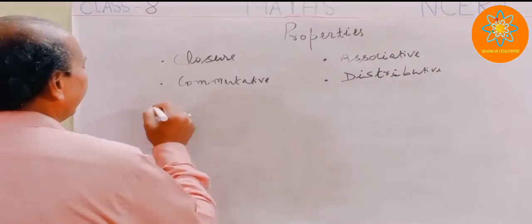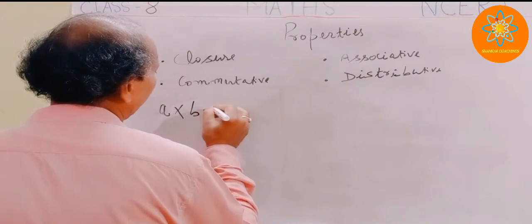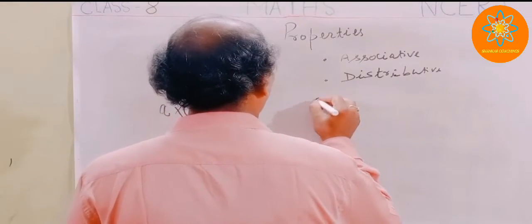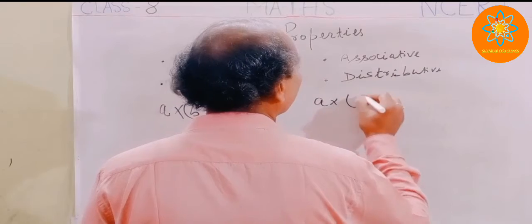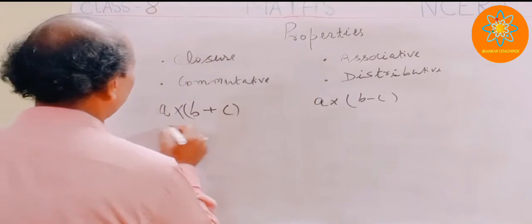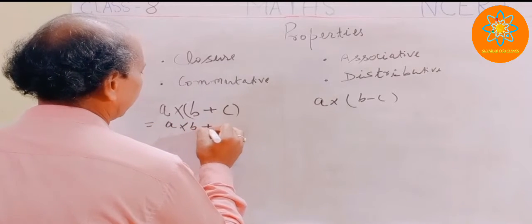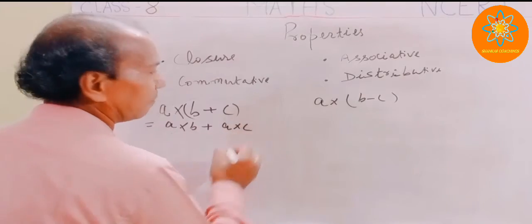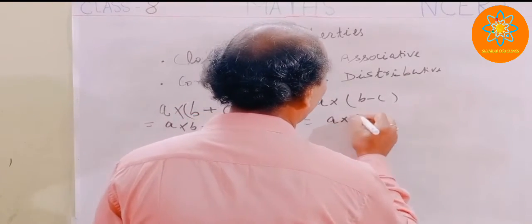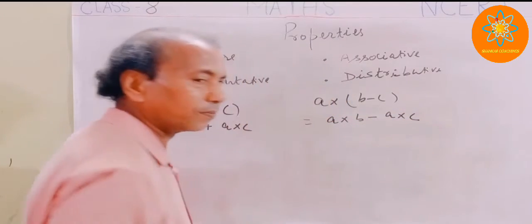So I can write it in this way: A cross (B plus C), and here A cross (B minus C). This is equal to A cross B plus A cross C, and here it is equal to A cross B minus A cross C.